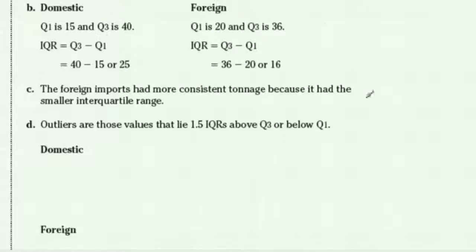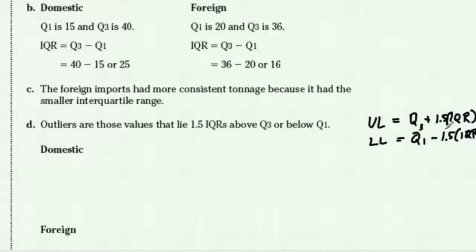And if we write the limits of our outlier, upper limit would be equal to your upper quartile, or your Q3, plus 1.5 IQR, and our lower limit would be our Q1 minus 1.5 times our IQR. Okay, so let's find out. Anything beyond these two limits will be an outlier.